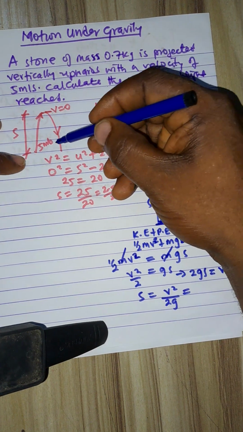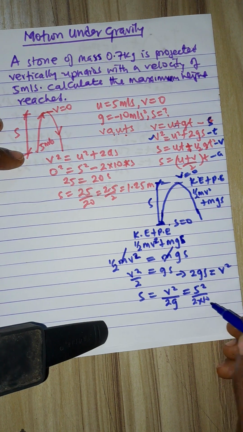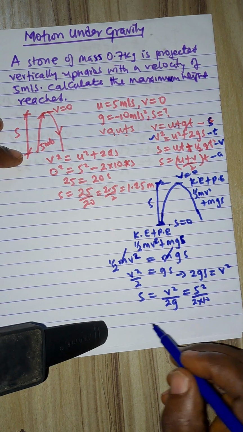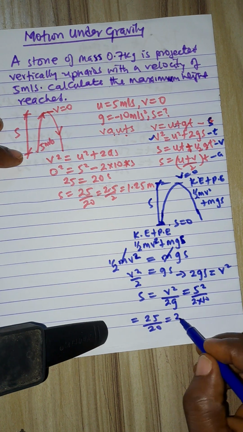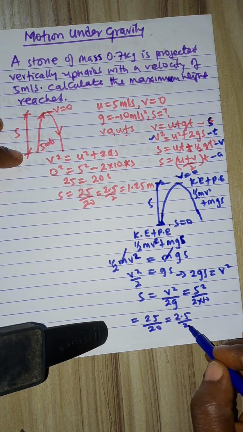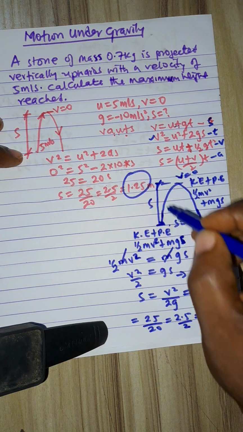V is 5, all over 2 times 10. That gives us 25 over 20, which is 2.5 over 2, which is 1.25 meters. The same thing. Okay. Thank you very much.